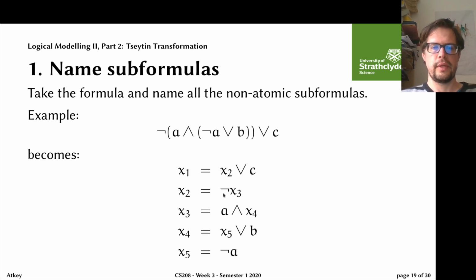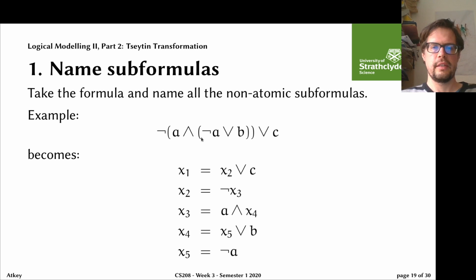Then x2 is a negation, so x2 is equal to a negation of x3, where x3 is a and another subformula, so x3 is equal to a and x4. x4 is this subformula here, so it's something complicated, x5 or b, and then x5 is just equal to not a.